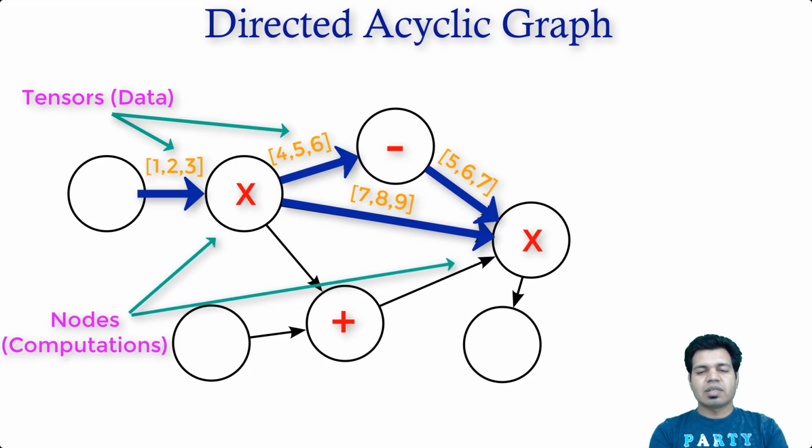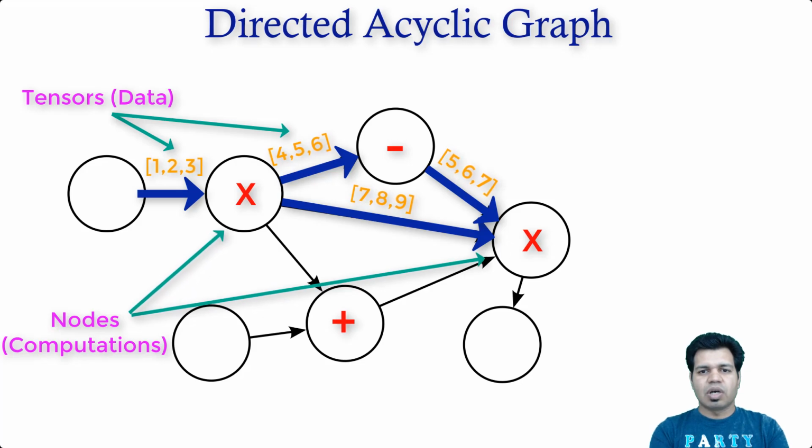Tensors are data which has multiple dimensions, like an array of arrays, or we can say that tensors are primitive values which are shaped into an array of some number of dimensions. A primitive value can be an int or float value or any other data type.